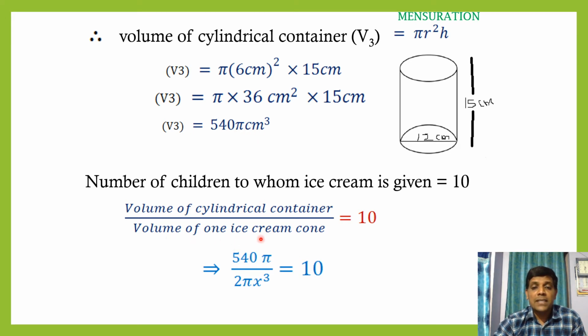The volume of one ice cream cone is 2πx³, equal to 10. So the next step is cross multiplication. 10 represents 10 by 1. 540π into 1, 540π is equal to 2πx³ into 10. Okay, next step.